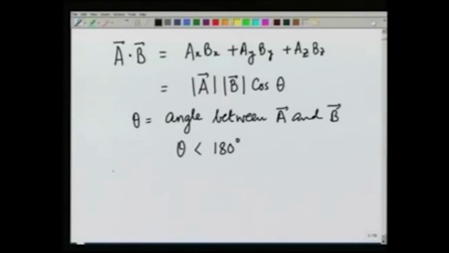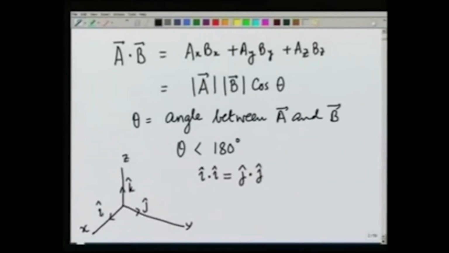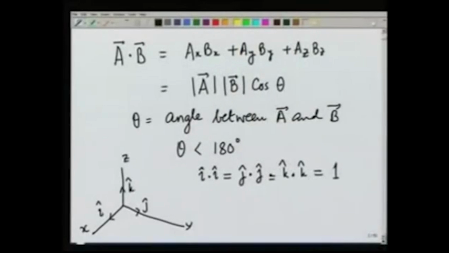In particular, if I look at the unit vectors along x direction, y direction and z direction, we find that i dot i is same as j dot j and k dot k, they are all equal to 1, because their magnitude is 1 and the angle between them is 0.